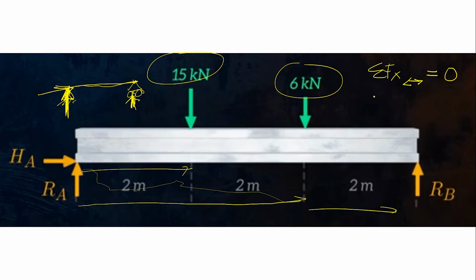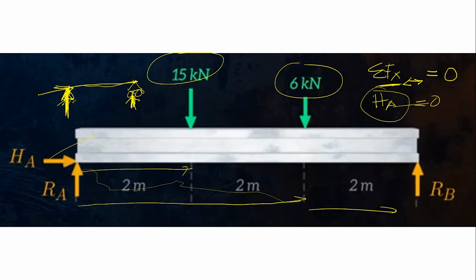HA, going to the right, equals 0, meaning summation of forces along X. There is no other forces involved. So we know that this HA is a reactionary but zero member. Wala siyang value, kasi wala namang ibang kumukontra. There's no counteracting forces with respect to horizontal.